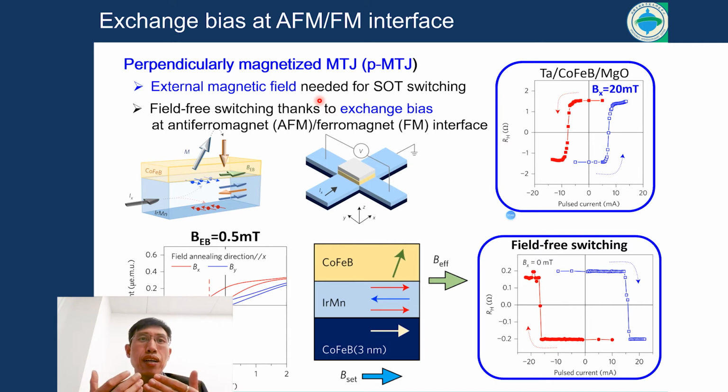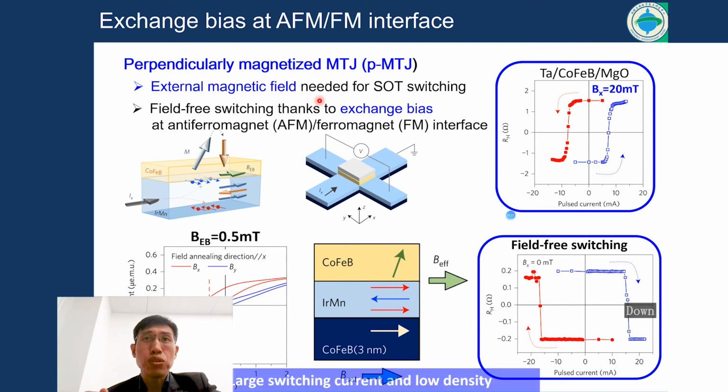By using AFM, we can generate exchange bias, which can help to eliminate the required magnetic field for the perpendicular MTJ. So this is an experimental demonstration that AFM is indeed an efficient method to eliminate the required magnetic field for the field-free switching through SOT.